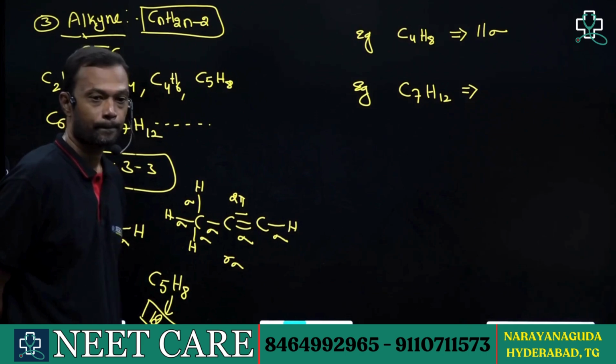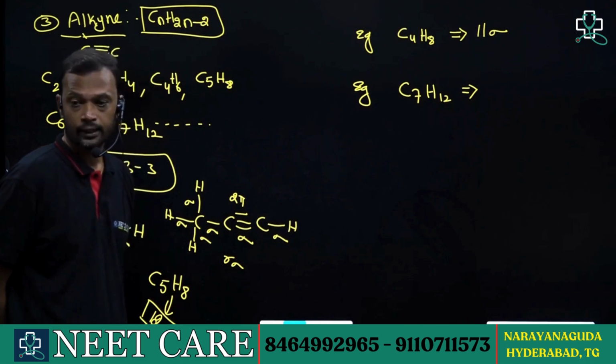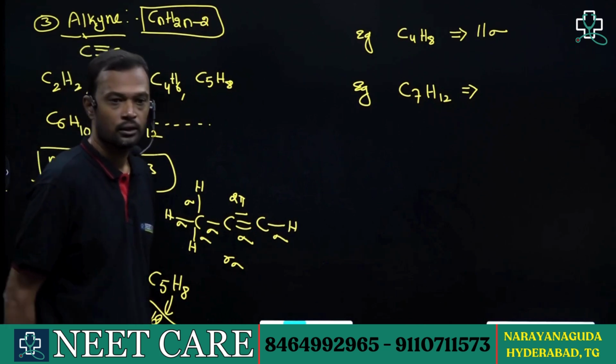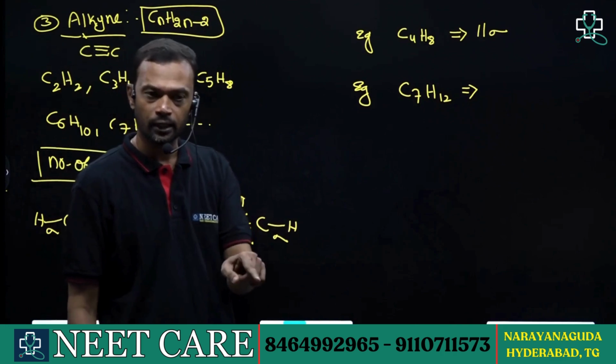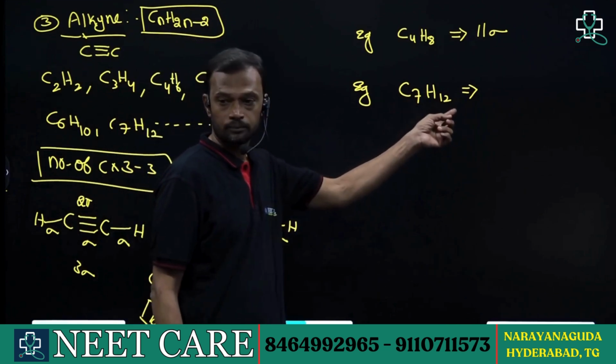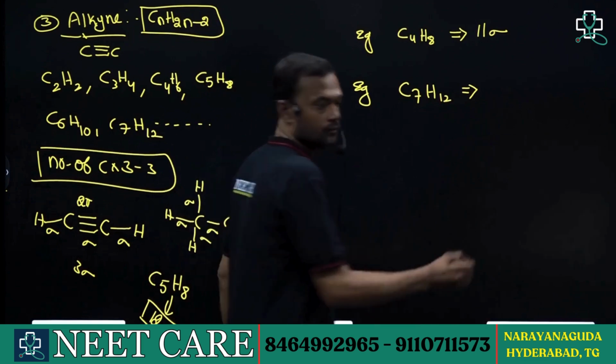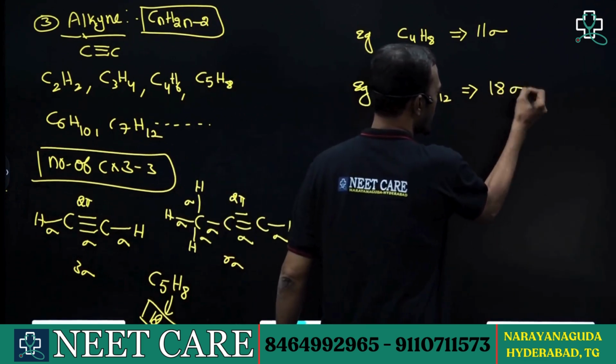So is it an alkane, alkene or alkyne? Alkyne. What is the formula? Number of carbons multiplied with 3 minus 3. So 7 into 3, how much? 21. 21 minus 3, 18. So can I say 18 sigma? Yes, that is the answer.